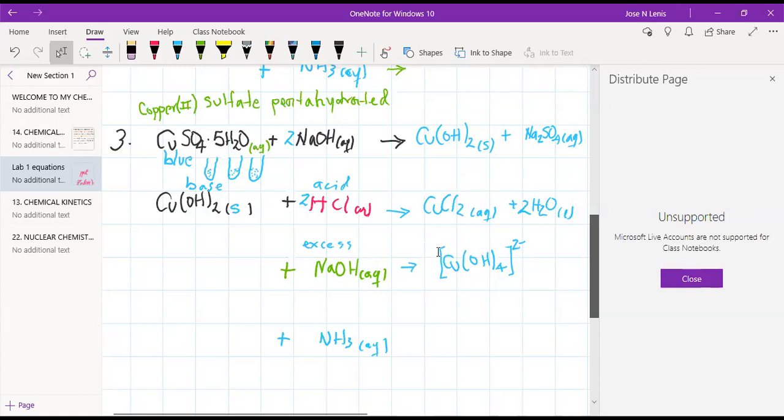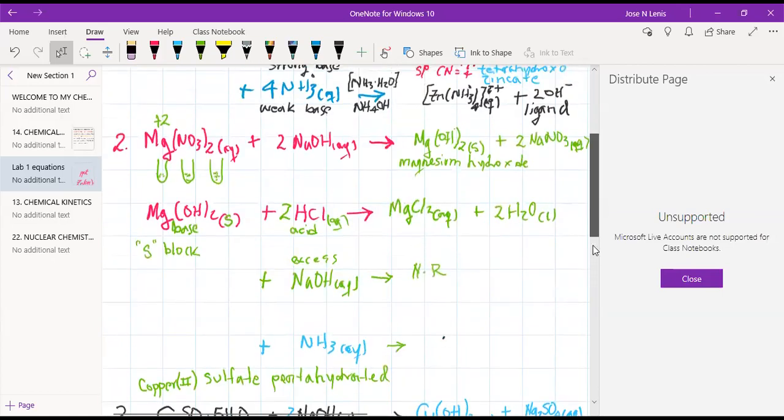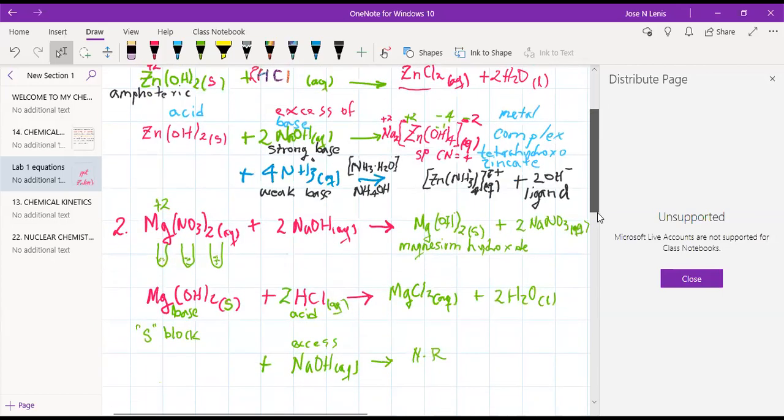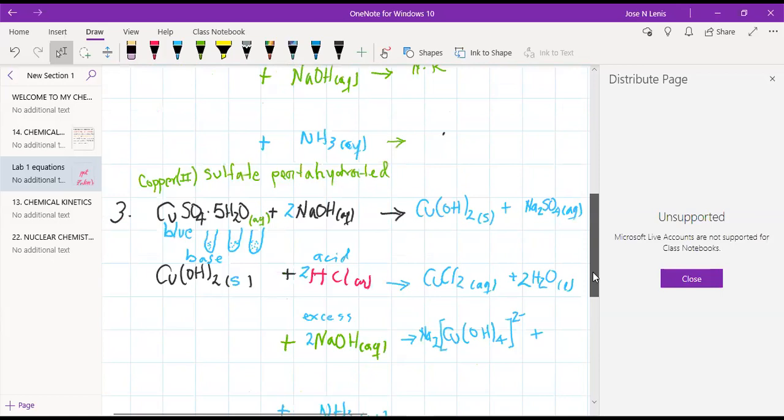You want to see a nice, well-written equation? Well, you have to write here. This is Na2 plus, two of those plus nothing, right? Because all the OH is reactive.